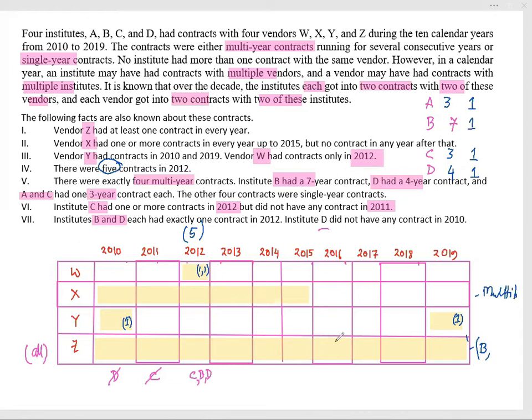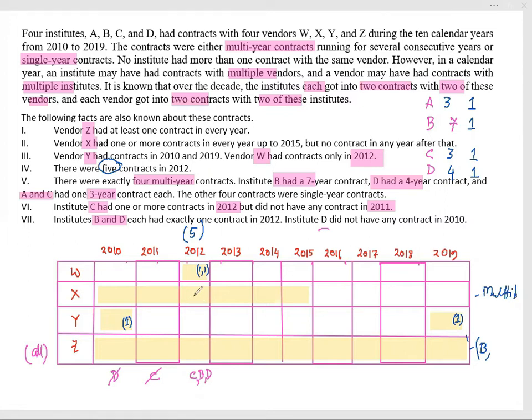These years in 2012, 16, if it is going from the start. If it is going from the end, 1, 2, 3, 4, 5, 6, 7, 2013 overlapping. So there is no chance of overlapping for Z in 12. So in Z in 12, it should be only a single contract, definitely.